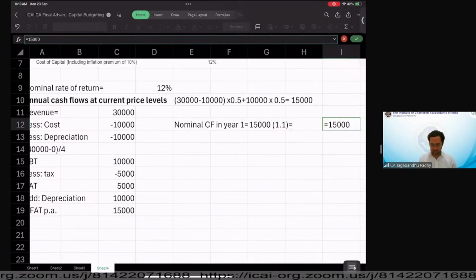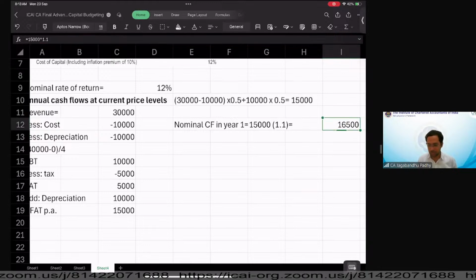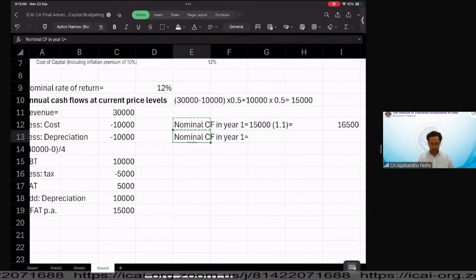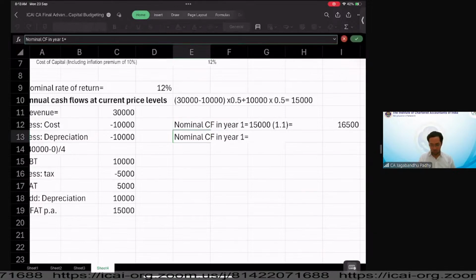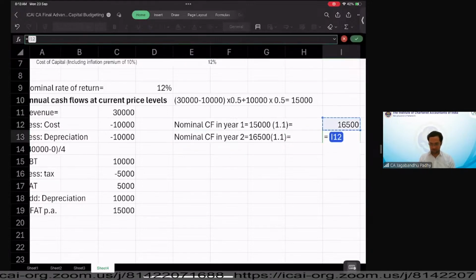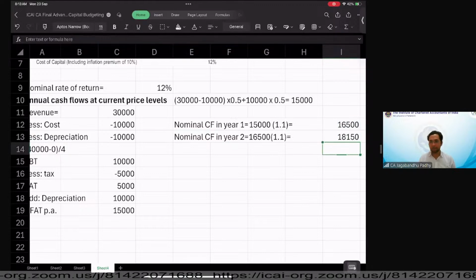That will be 15,000 into 1.1, which is 16,500. Correct? Then what will be the nominal cash flow in the second year? Can I say it's going to be 16,500 multiplied by 1.1?